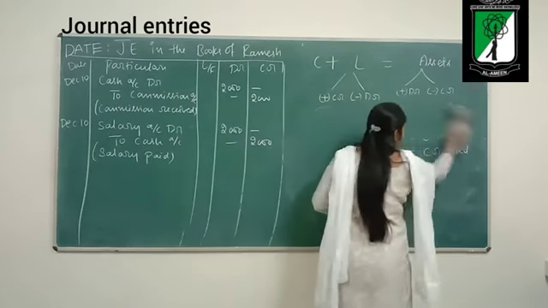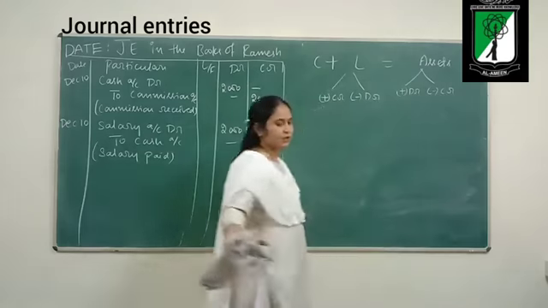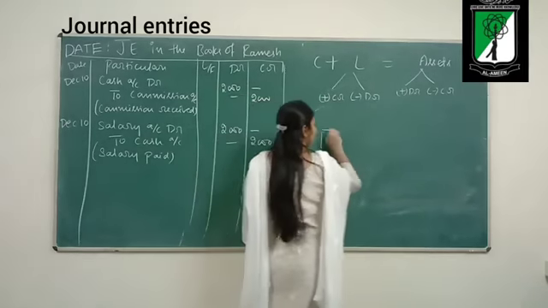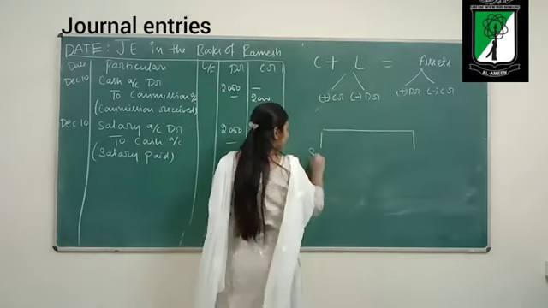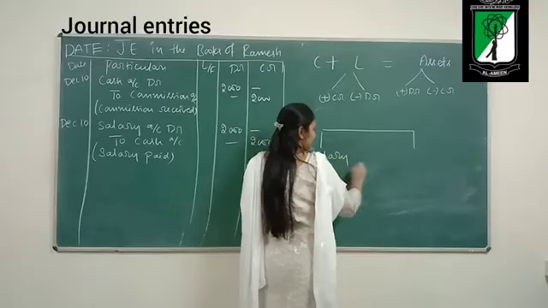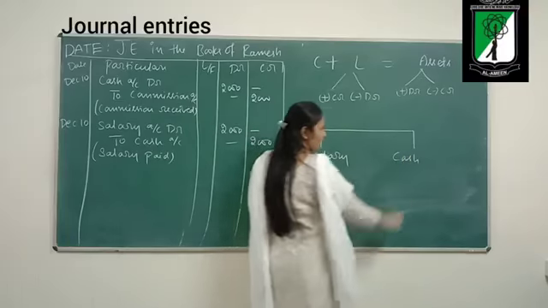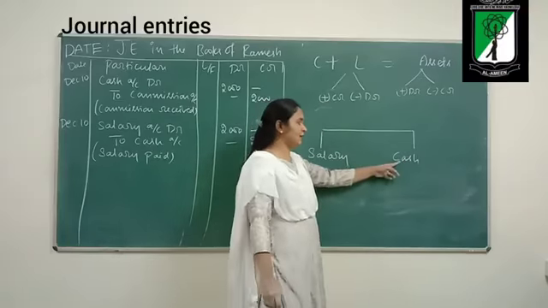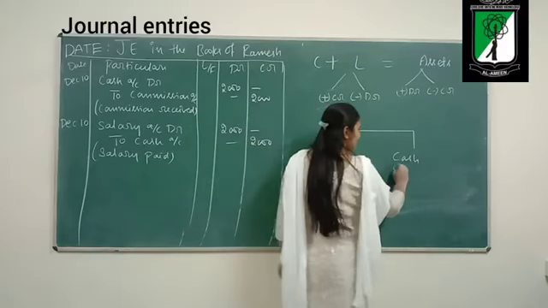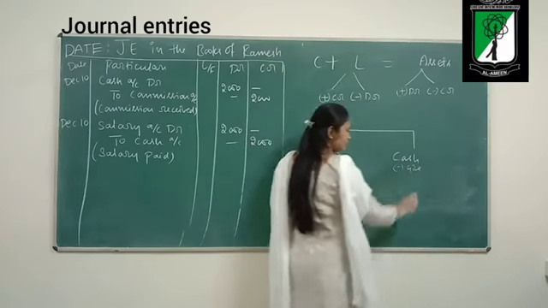Now let me solve this according to the traditional approach. Which are the two accounts affected? Salary and cash. What is the give aspect? Business is giving cash.